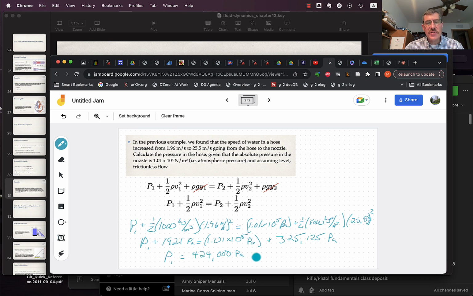That makes sense, because remember, the pressure and speed are inversely proportional. The speed in the hose is less, so the pressure in the hose has to be more.